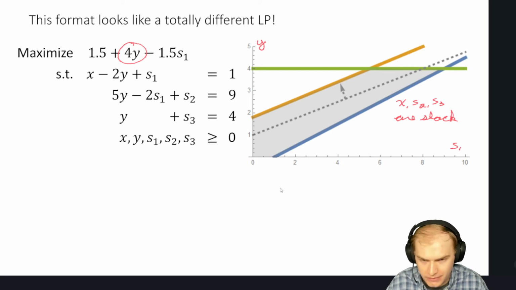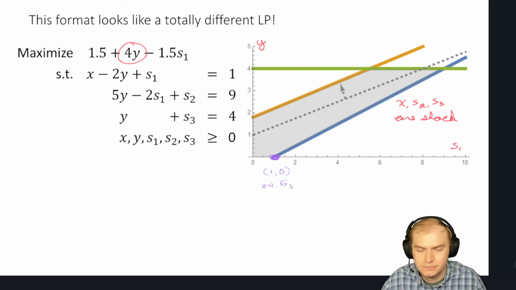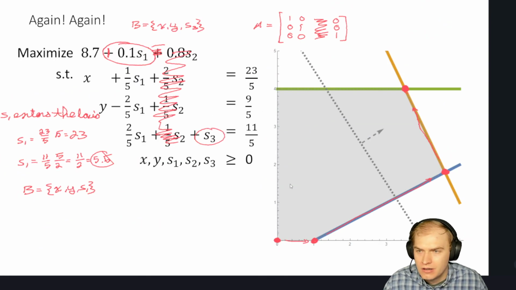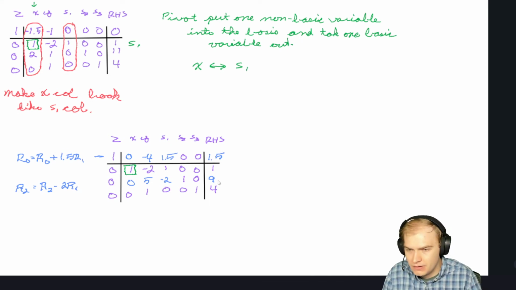And in fact, we found that we were at 1, 0, which had a z of 1.5, an objective of 1.5, which is, we gotta go back to this page, exactly what we have here.